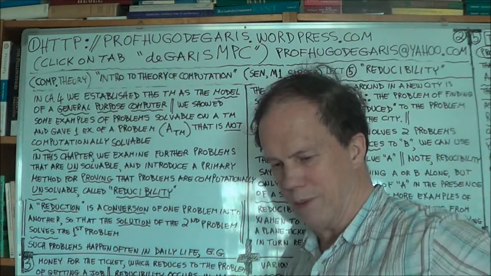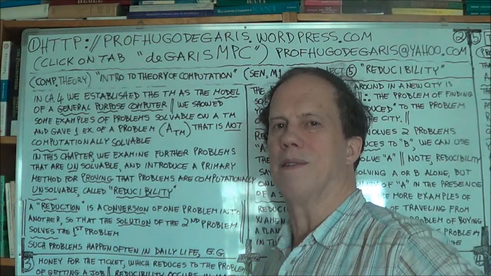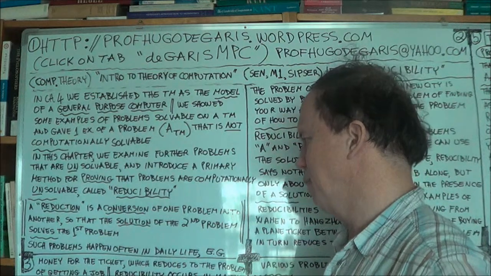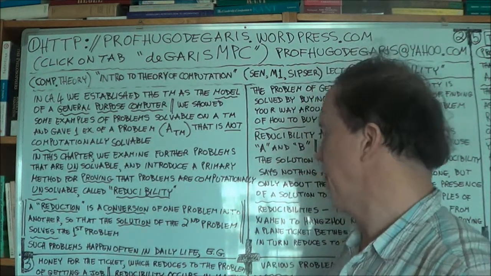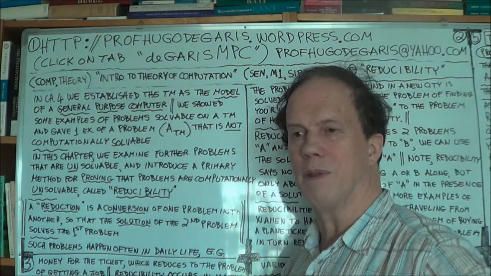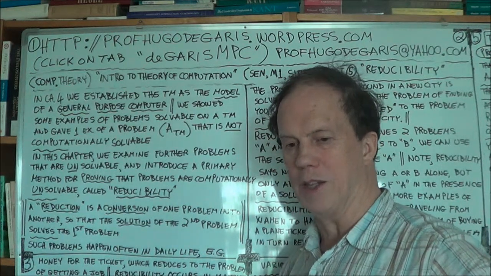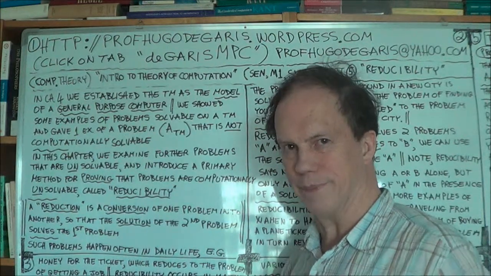So problem B modified is how to get the money to buy the ticket. Well, problem C, that you reduce problem B to, might be the problem of getting a job. If you know how to get a job, that will solve your money problem, okay?